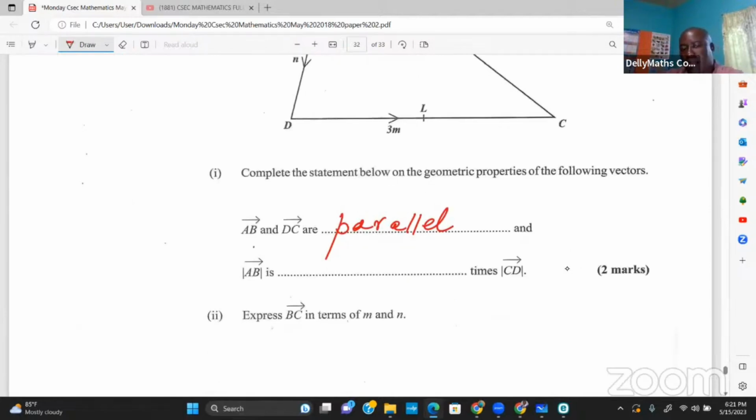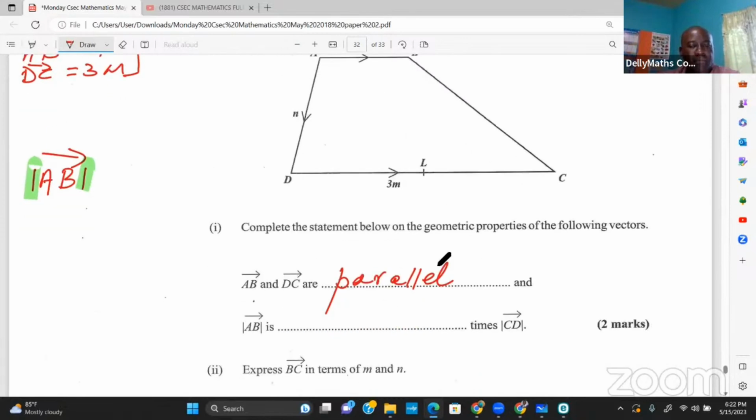Now look at this. The length of AB is dash times, we're talking about the length. You see the modulus symbol, the length symbol there. That signifies the size. So basically the size of AB is dash times the size of DC.